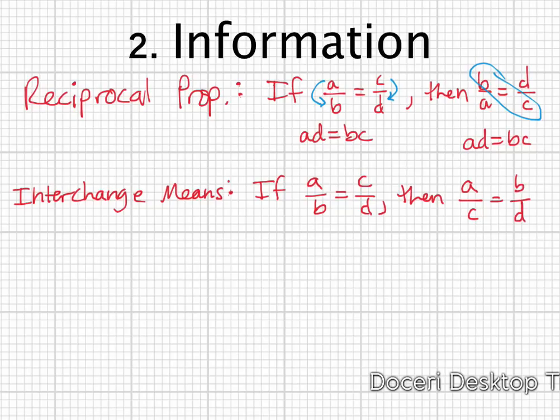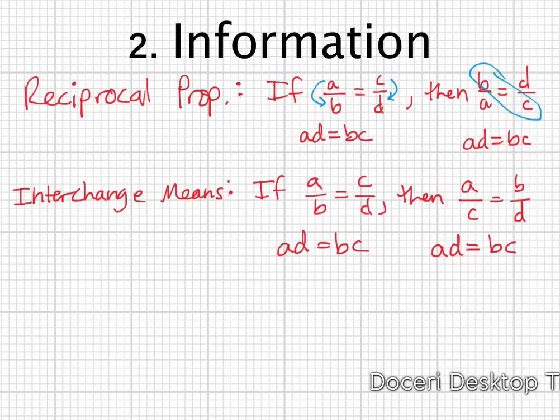So we're going to check this with the cross product property again. So again, on the left, I get A times D equal to B times C. And if I do cross product with the second proportion, I get the same thing. A times D equal to B times C. So I know that this property works.